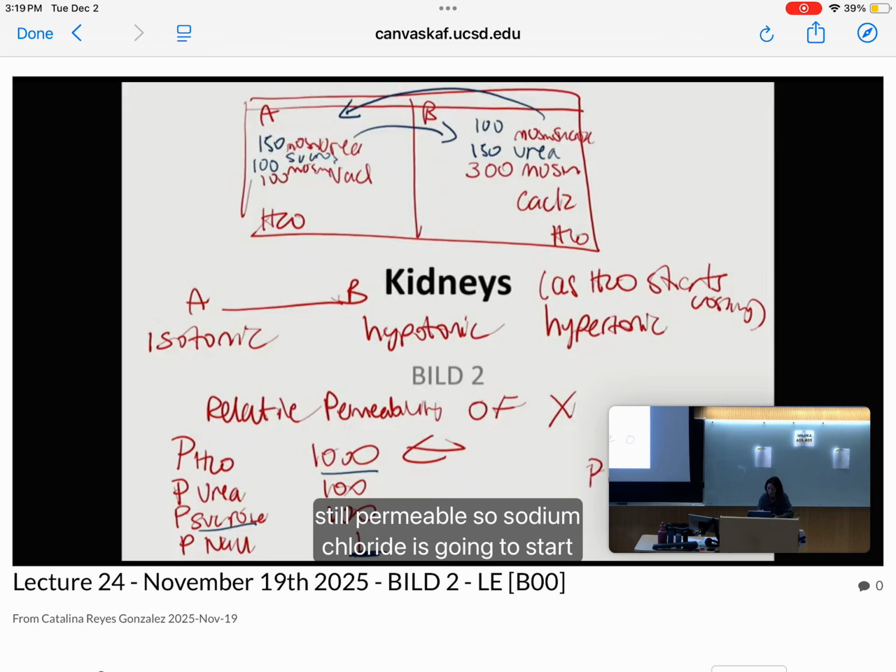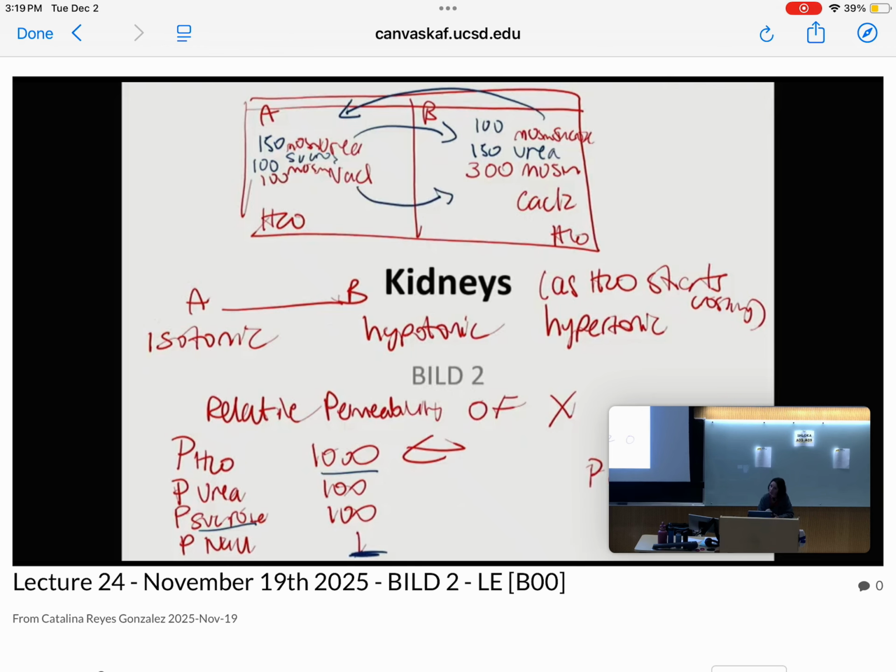So sodium chloride is going to start moving down its own concentration gradient towards B, okay? So sodium chloride moves towards B. We're going to end up with 50 sodium chloride here and 50 sodium chloride here, okay?